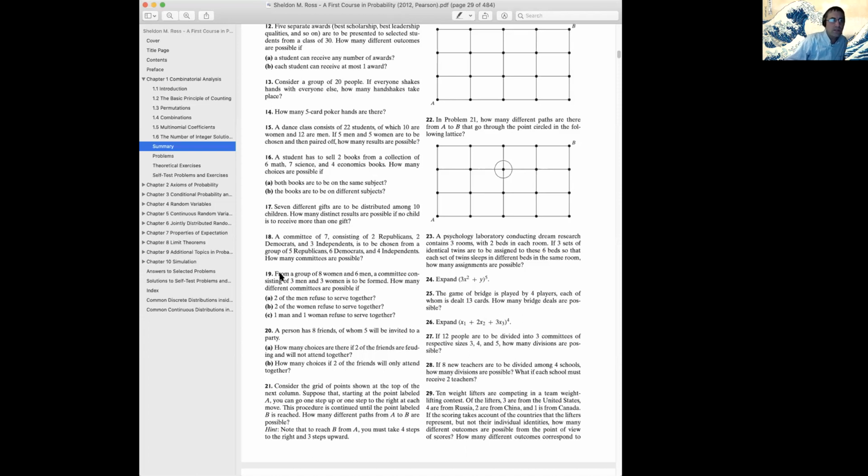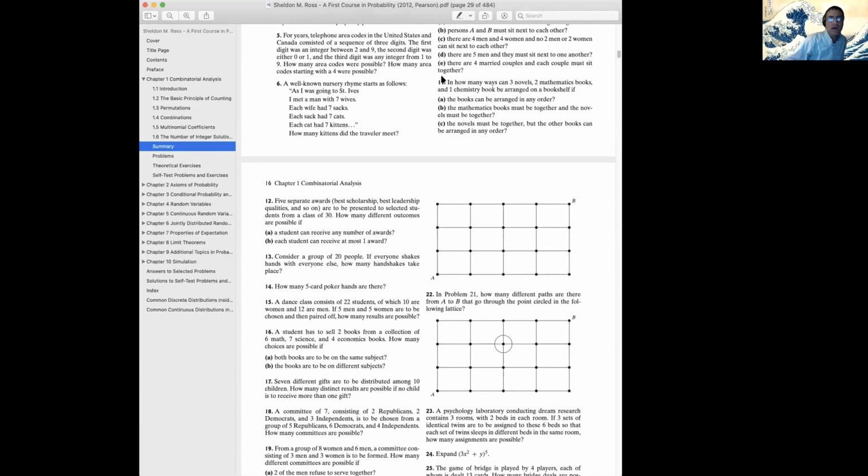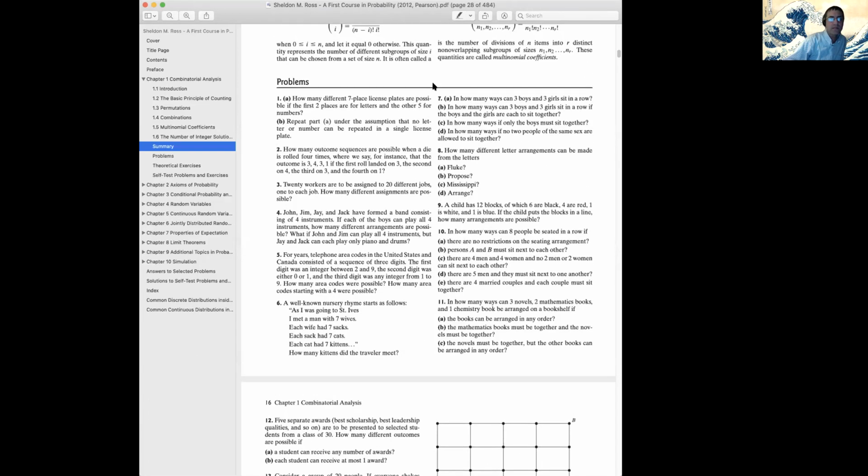It is problem number 11, and it's on page 16 of the text. This is actually an older edition of the book, and you see it's on a different page.